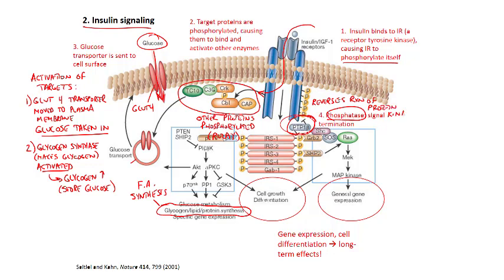So we said protein kinases are enzymes that put phosphates onto proteins. Phosphatases take the phosphates off proteins, including the insulin receptor itself. And so if we remove all the phosphates from the insulin receptor and all the other proteins that it phosphorylated, we kill our signal.